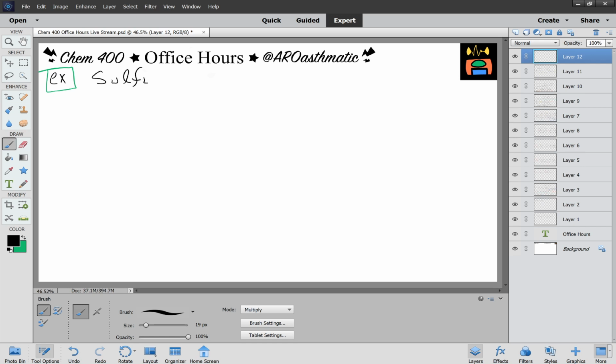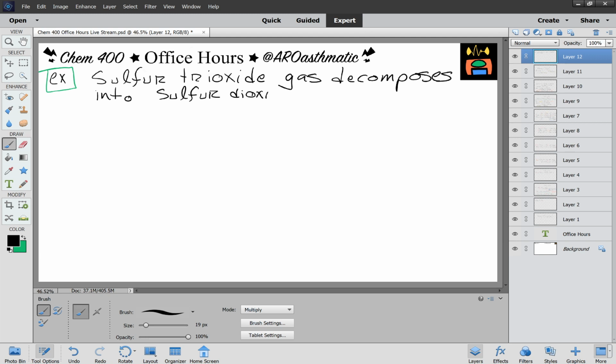So sulfur trioxide gas decomposes into sulfur dioxide gas and oxygen gas at 25.00 degrees Celsius in a 10.00 liter cylinder.